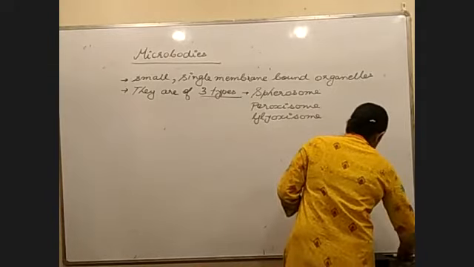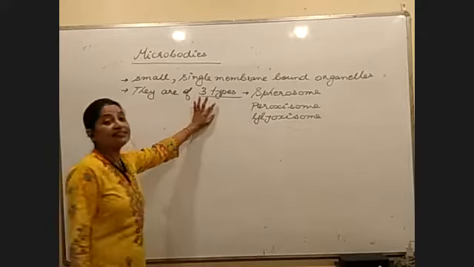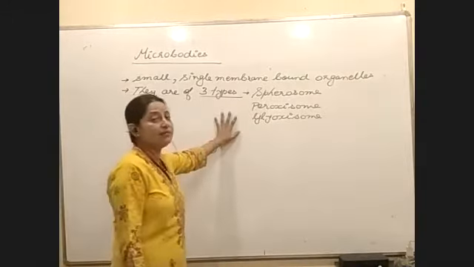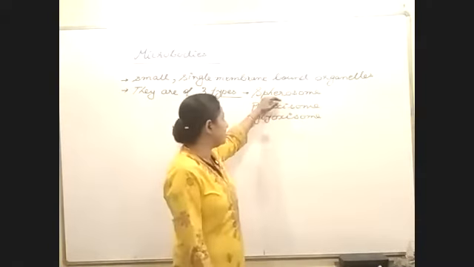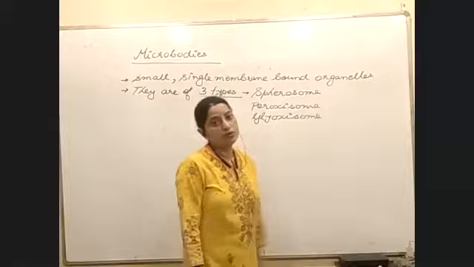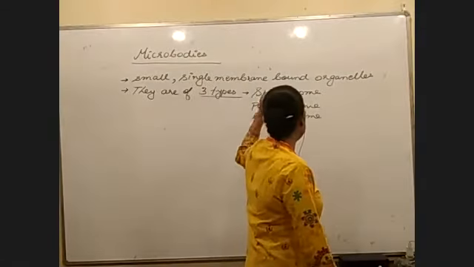In case of a plant cell, spherosomes are considered as plant lysosomes, right? That is the statement we have studied, and we will study more details now. The statement is that plant lysosomes are called spherosomes, or spherosomes are called plant lysosomes. Okay, that is one statement that we have studied.